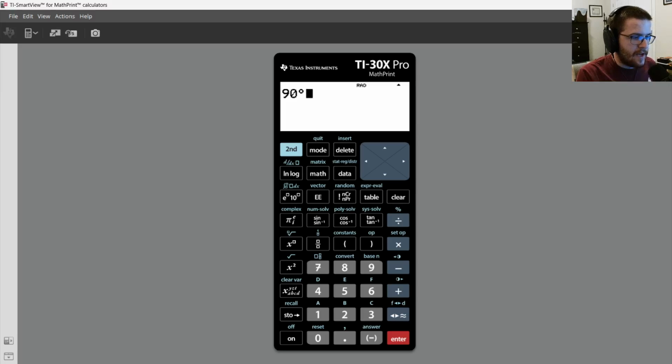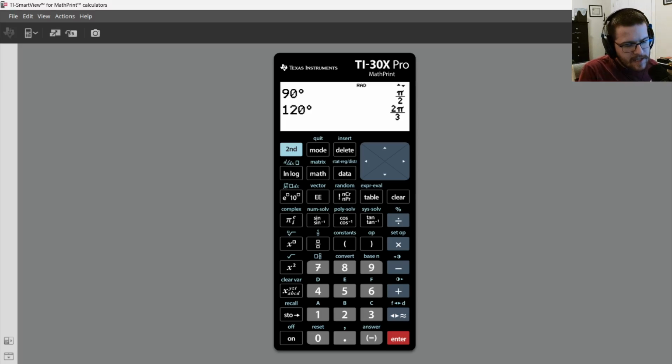Now 90 degrees, if it's in radian mode, if I press enter, it will change it to radians. So pi over 2. Let's do 120 degrees now. So 120, math, right, enter. And so 90 degrees is pi over 2, and 120 is 2 pi over 3.